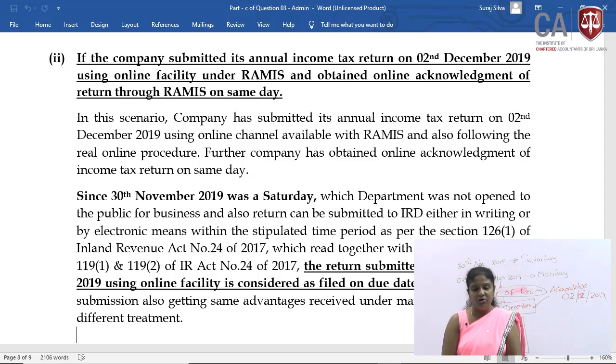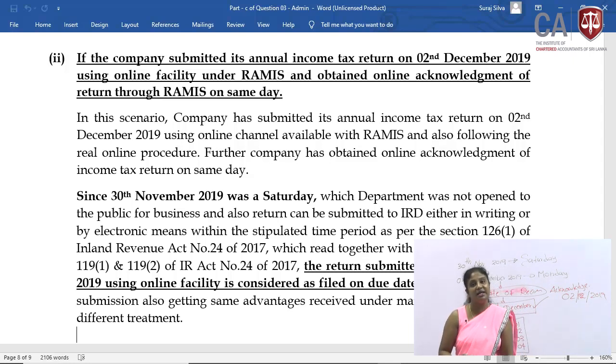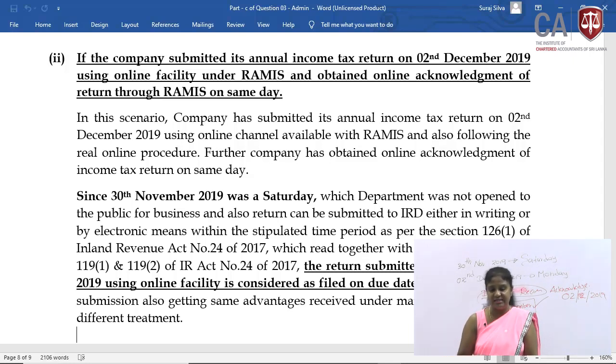Act number 24 of 2017, which is read together with the provisions of section 119 subsections 1 and 2. Here again, for this scenario, section 119(1) of the IR Act is applicable. The return submitted on 2nd December 2019 using the online facility is considered as a return filed on the due date.